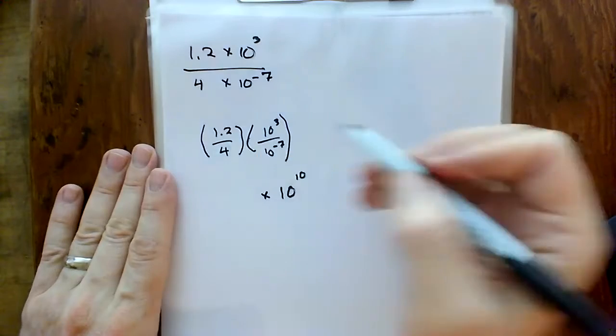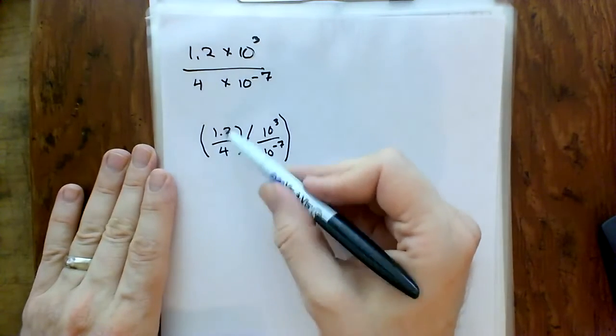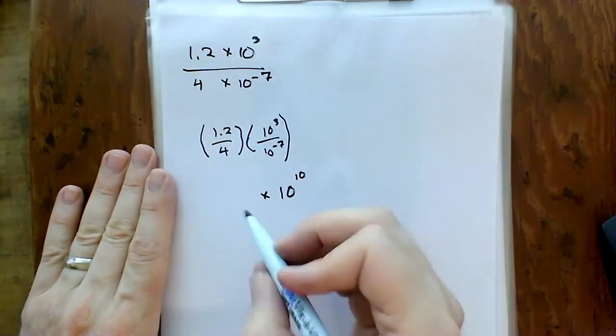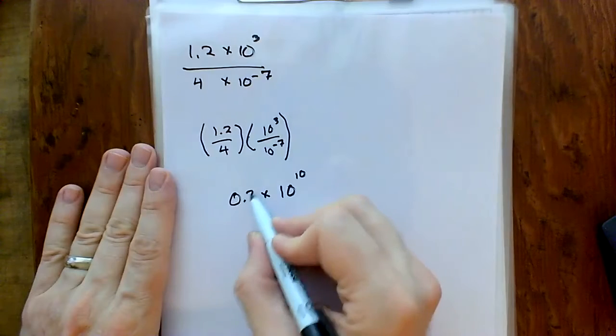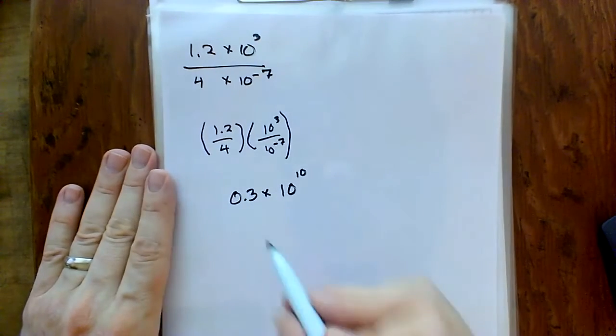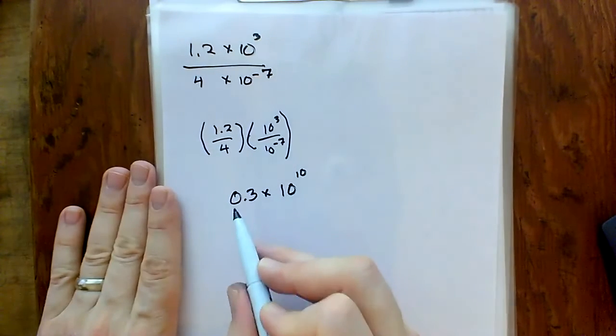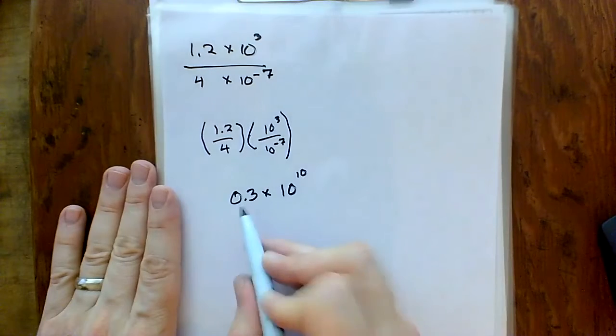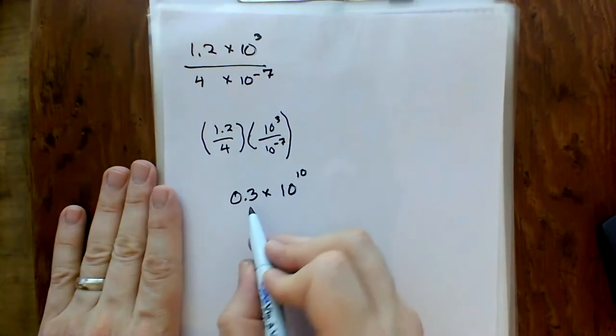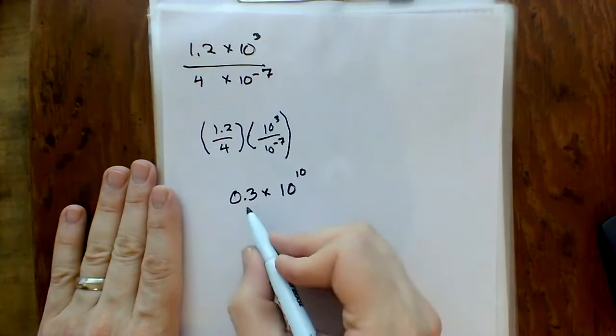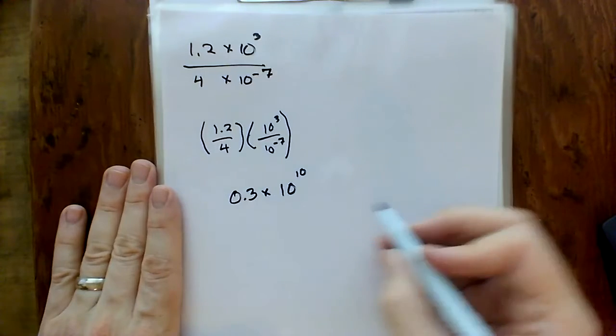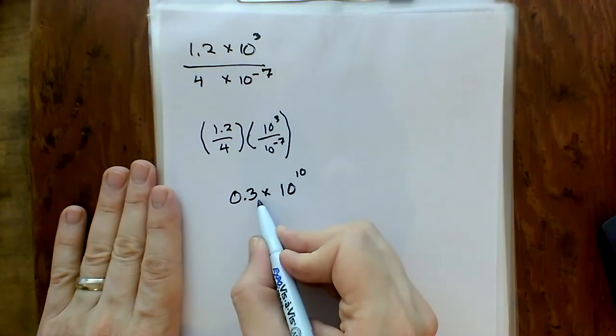On these, we're just going to do this straight up division. 1.2 divided by 4 is going to be 0.3. Now here, when I look at this, I also need to adjust my power of 10. Only this time, this is a smaller number. I'm going to move my decimal place one place to the right.